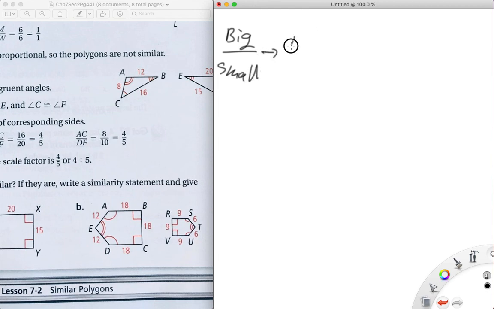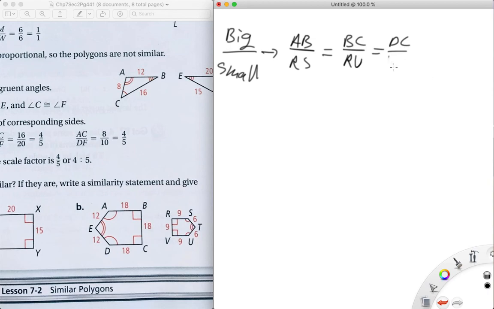We go AB over, and it's going to flip it this way, RS. That should be equal to BC over RV. And that should be equal to DC over VU.